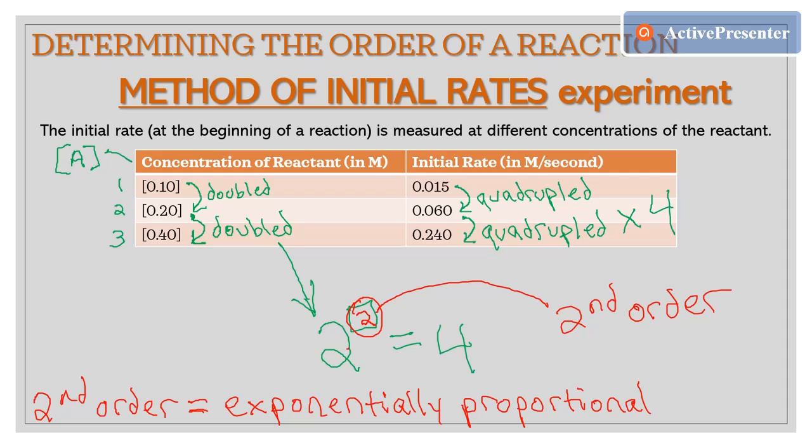So that means it's going to be squared. And we're just going to write the concentration of A in brackets, which is this first column right here. And then we're going to put the 2 for the second order as the exponent outside of the brackets, and that is second order.